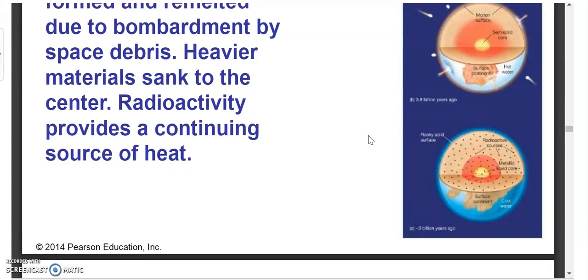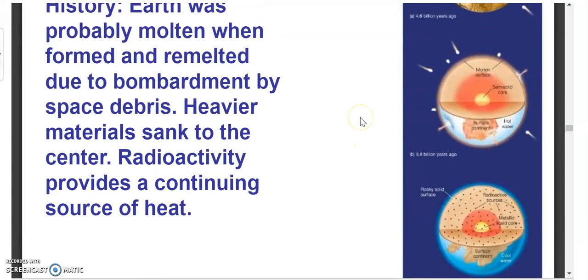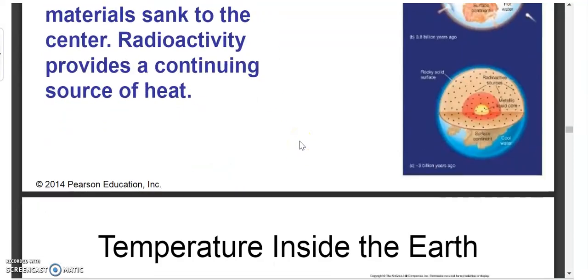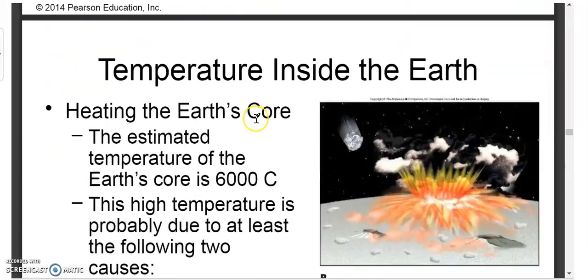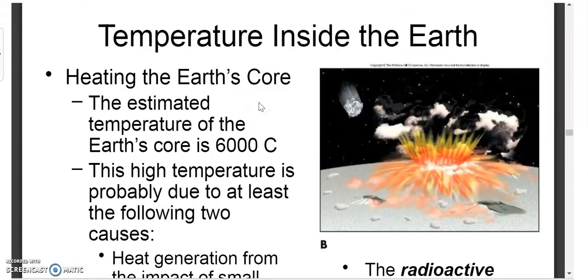That actually turns out to be a really good thing, that the interior of the Earth is hot compared to its surface, because when the surface and the core of the Earth are at the same temperature, the Earth would be a dead world, kind of like Mars, as a matter of fact. We think that the interior of Mars is much cooler than the interior of the Earth. And by the way, that makes the Earth what's called an active world.